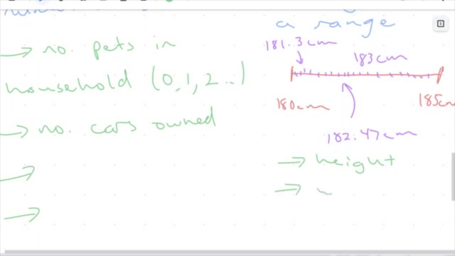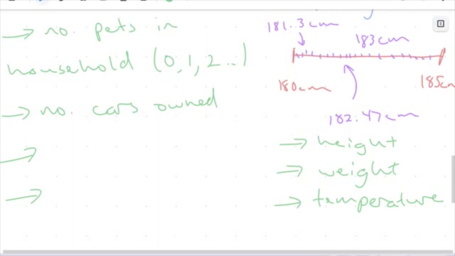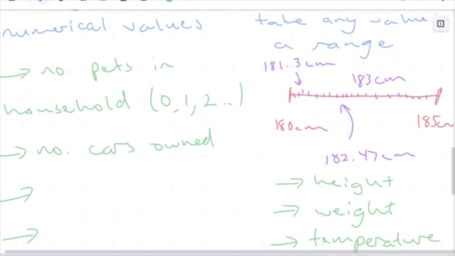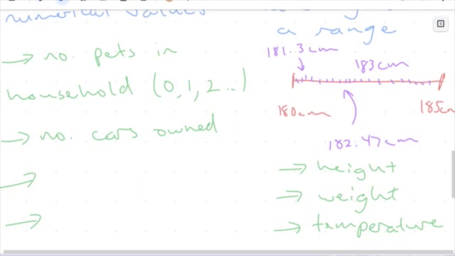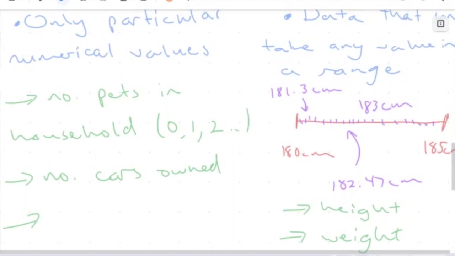We can talk about the weight, for example, of a population. We can talk about the temperature, because all of these three things I've said, we can measure these along some kind of range of values, some kind of spectrum here. And our values, when we collect the data, we're going to have all of these along a range. They're not just going to be 1, 2, 3, like we have in discrete numerical.